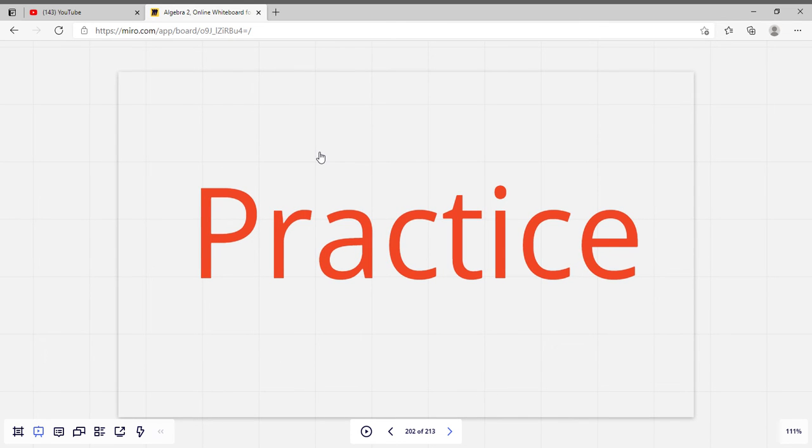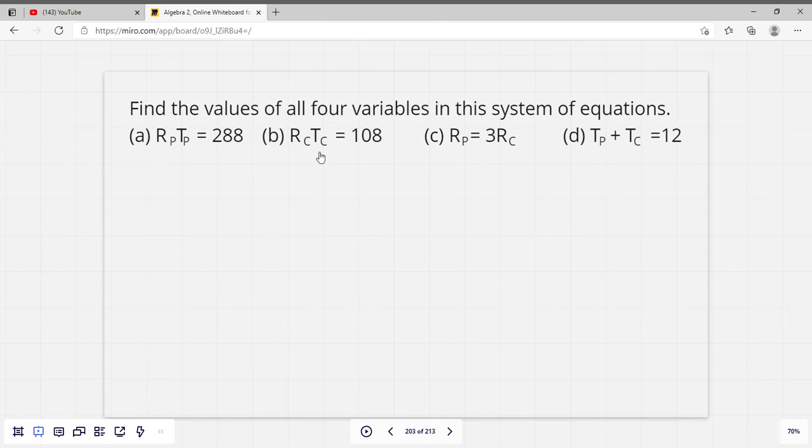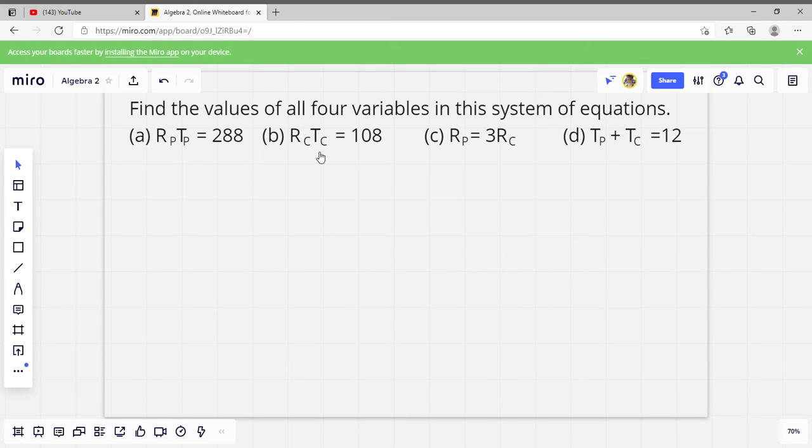All right, so hopefully you guys paused the video and worked this practice problem, and let's see if you got it right. Our variables are RP, TP, RC, and TC. I've got this one isolated, and I have to rearrange this one. So TP equals 12 minus TC.